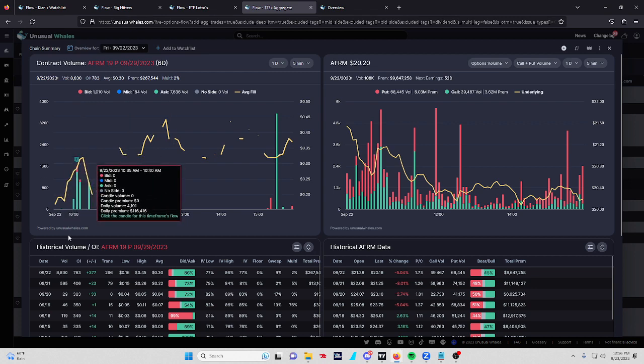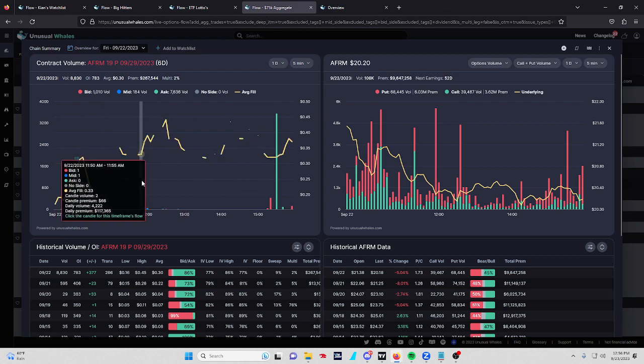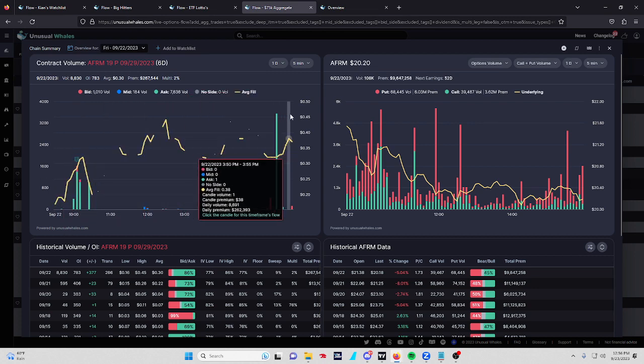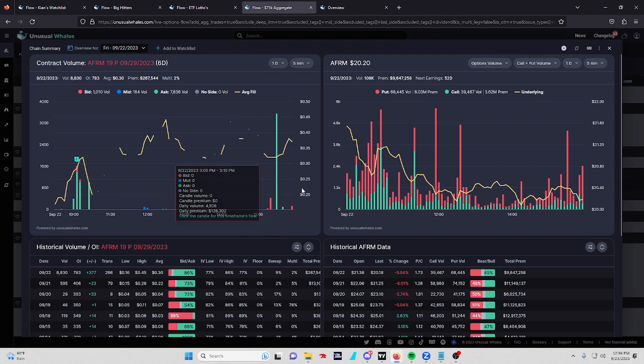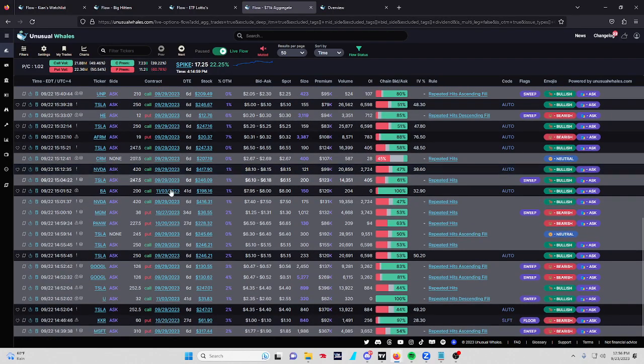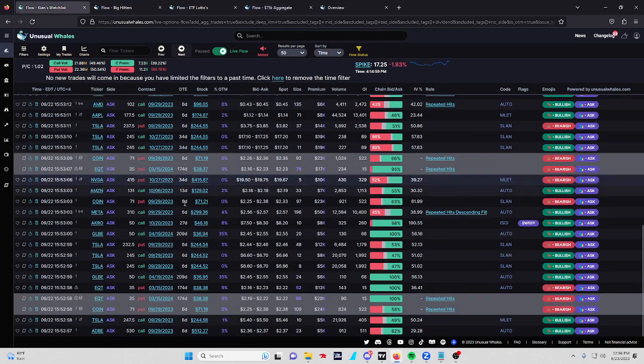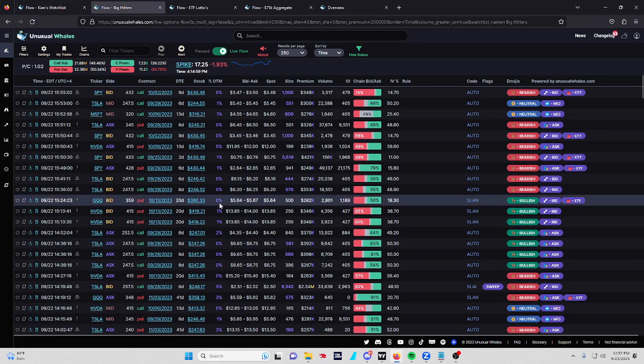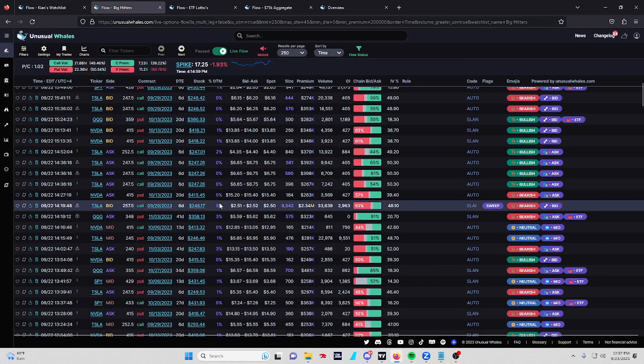There were some bought in the morning, nothing has really changed throughout the day, and then you also see a big order almost towards the end of the day, showing someone has more conviction in the trade. So that's basically it. It's just a matter of how good the flow looks, and with the filters I have, it makes it easy for me to read.